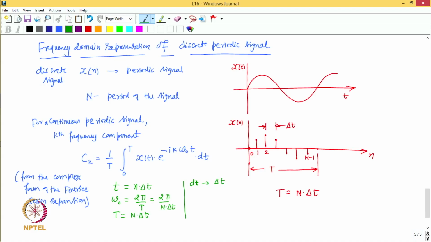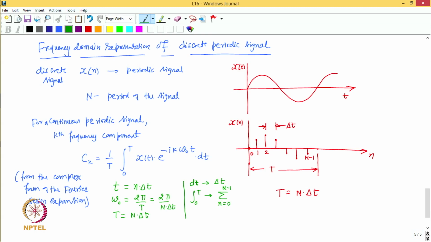And then, because we have a finite, discrete number of samples, the signal is no longer continuous. So, we can't integrate the signal treating it as a continuous signal. The sign of integration has to be replaced by the sign of summation, because the samples are discrete and finite in number, and we can carry out a finite summation. Therefore, integration from 0 to capital T has to be replaced by summation over the number of samples, varying from n equal to 0 to N minus 1.